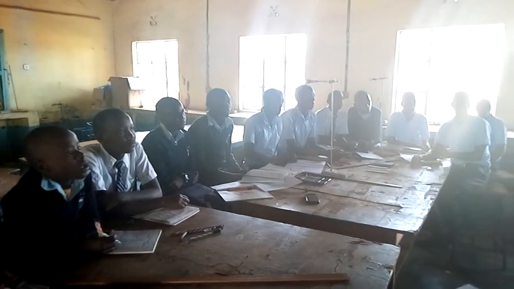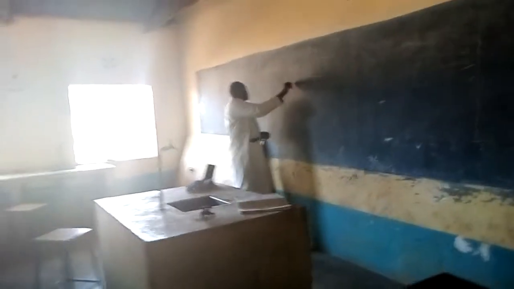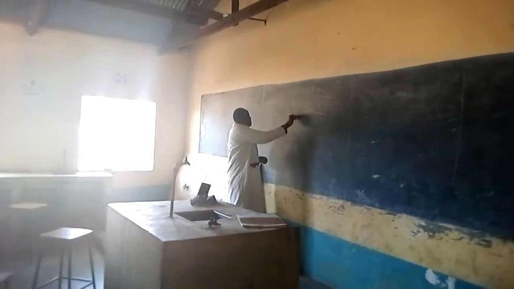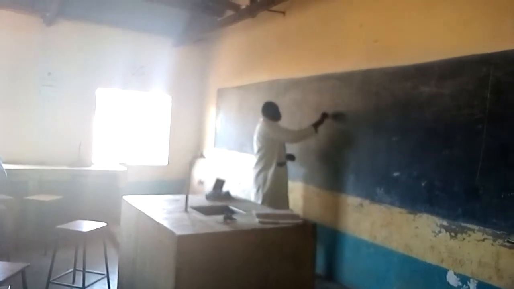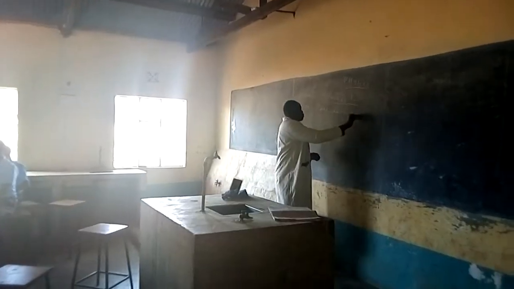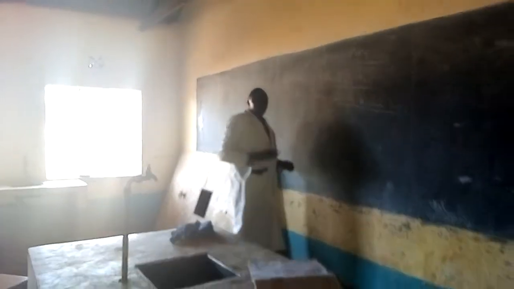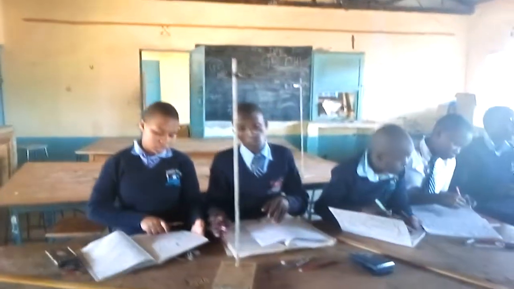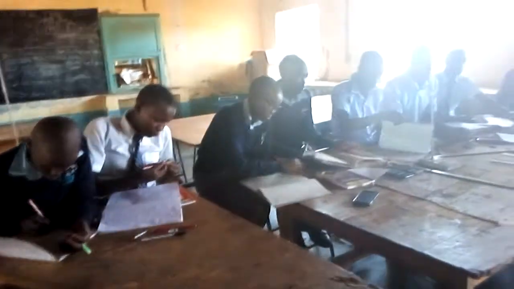So the purpose of this lesson today, we want to verify Hooke's law. We want to look at an experiment, and the aim of the experiment is to verify Hooke's law. In the verification of Hooke's law, we shall find some apparatus which I think I've provided in the worksheets.